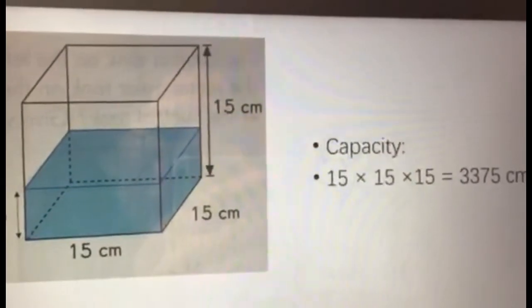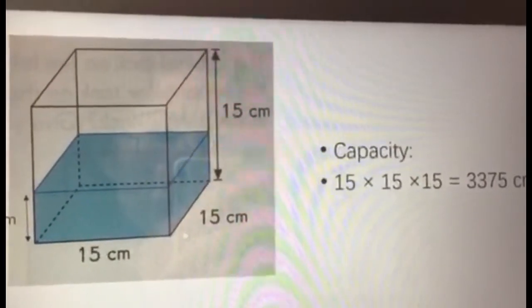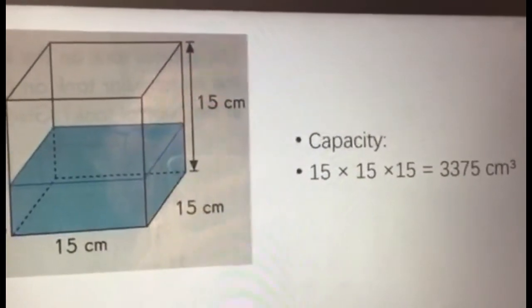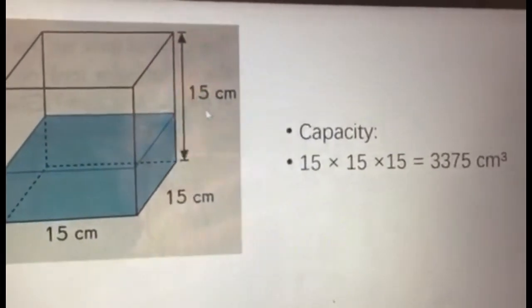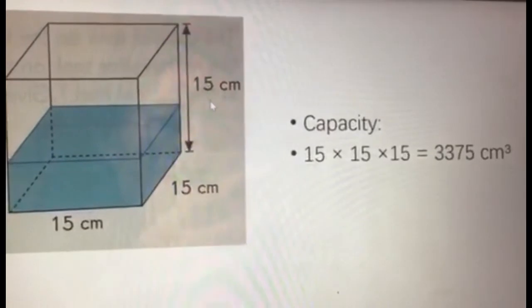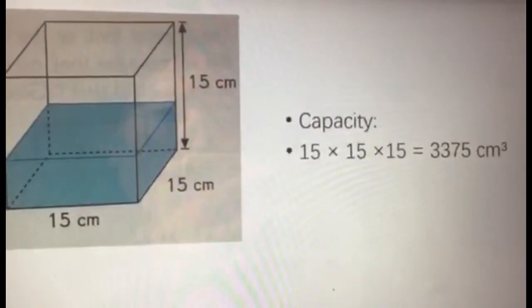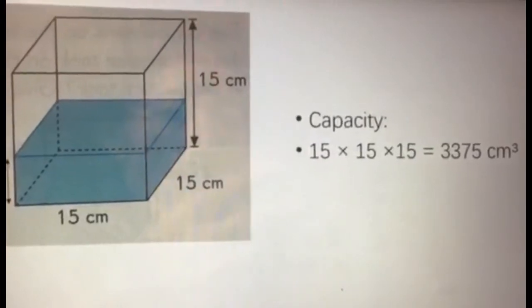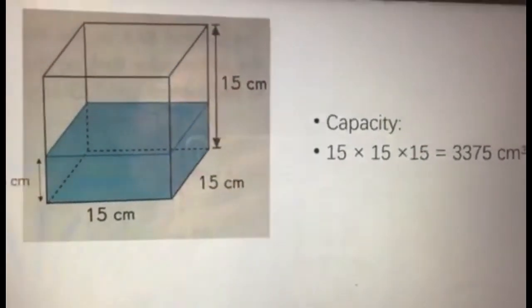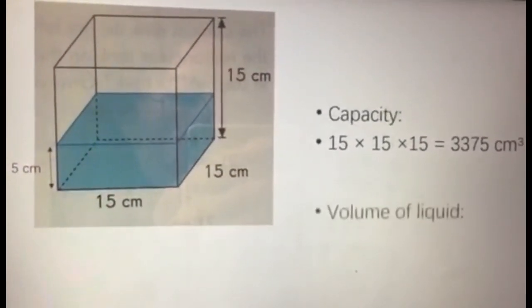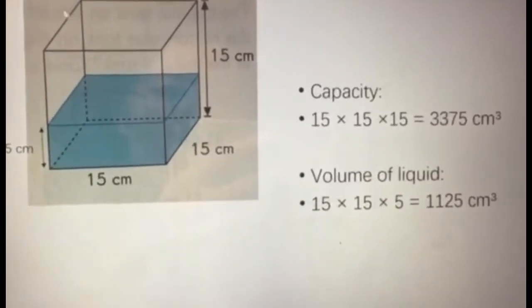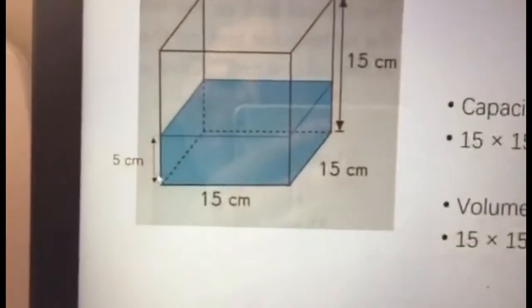So the capacity of the cube is the whole volume of the cube. Edge times edge times edge is 3,375 cubic centimeters. That's the capacity, how much water it can hold. However, for now, the volume of the liquid is not that much. It is only 5 centimeters high.